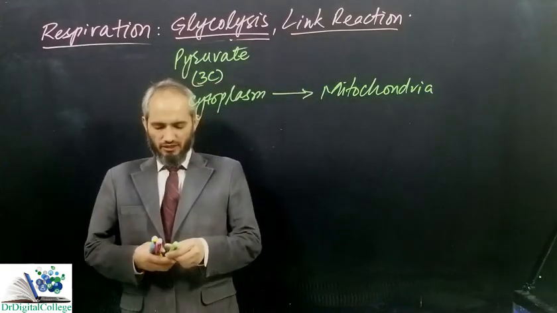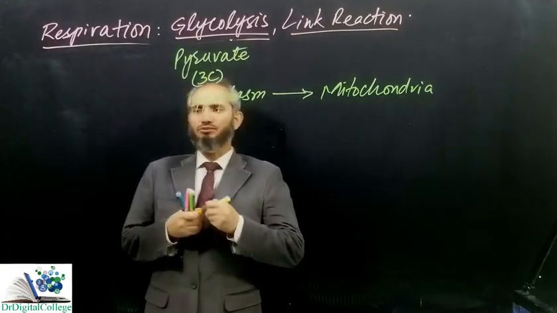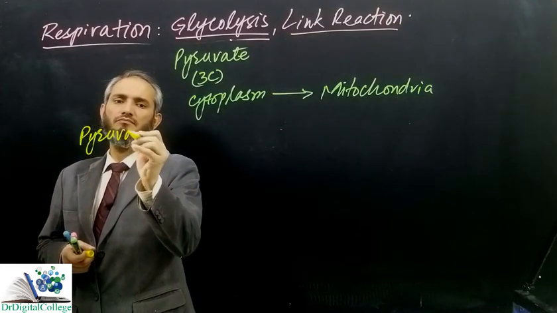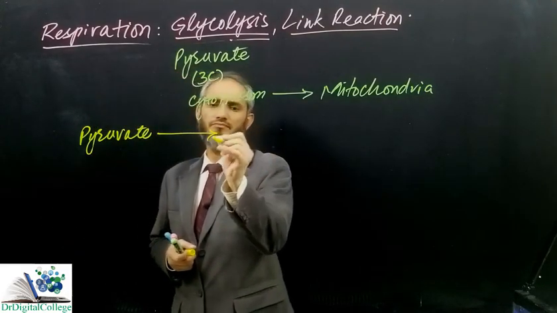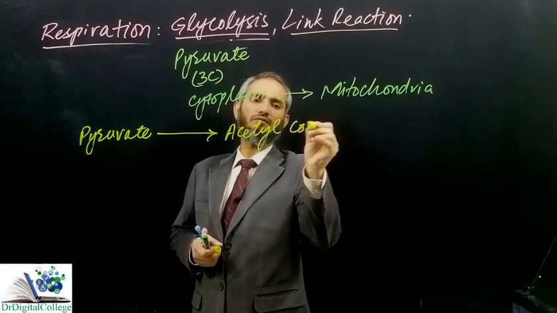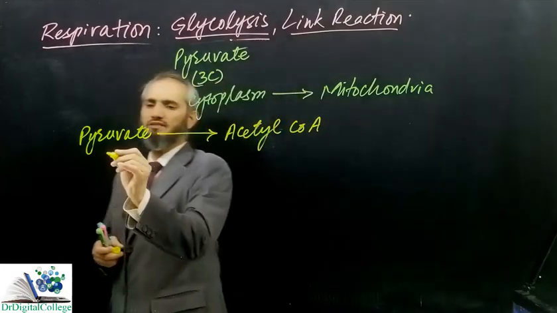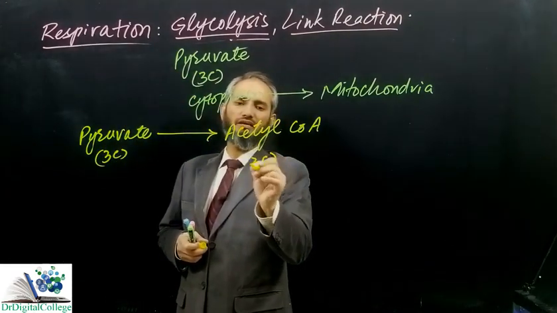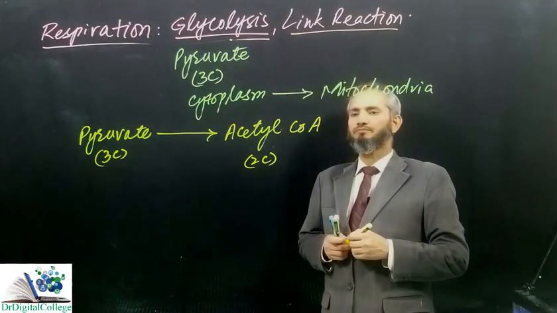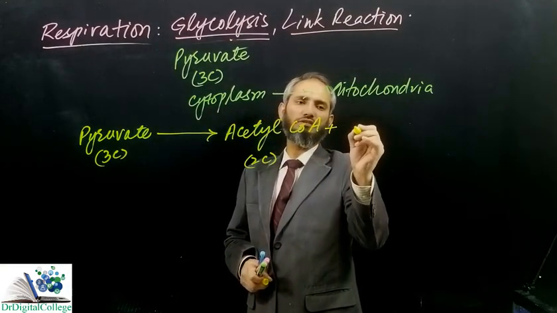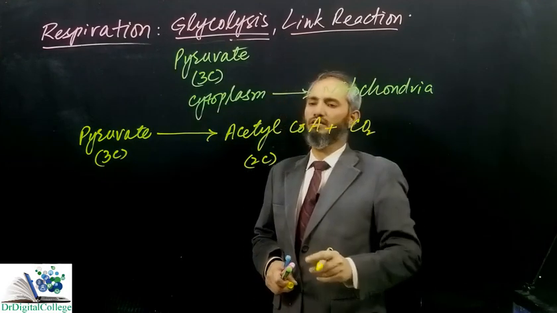Now pyruvate is changed into acetyl coenzyme A. Pyruvate is a 3-carbon compound, while acetyl coenzyme A is a 2-carbon compound. It means along with acetyl coenzyme A formation, there is the formation of carbon dioxide.